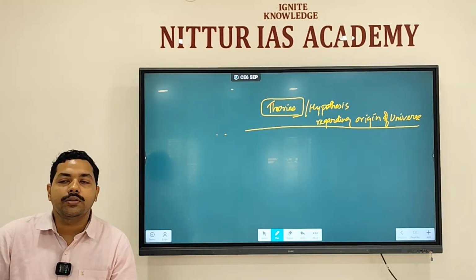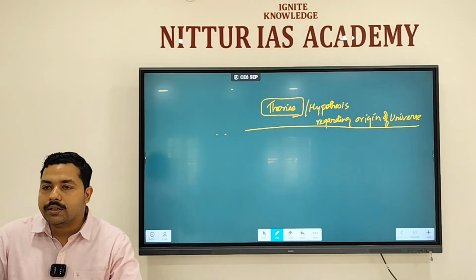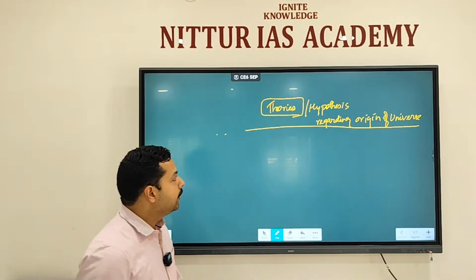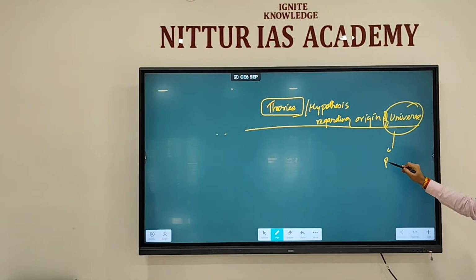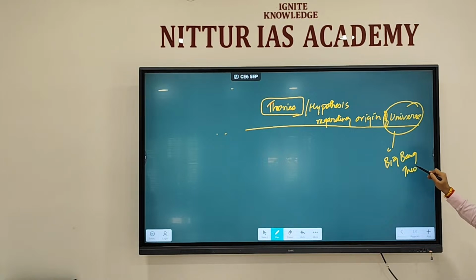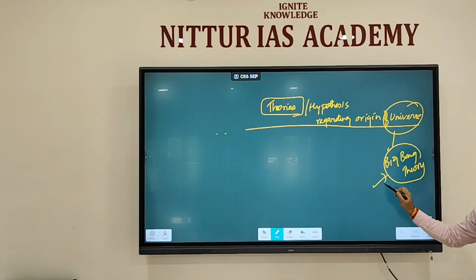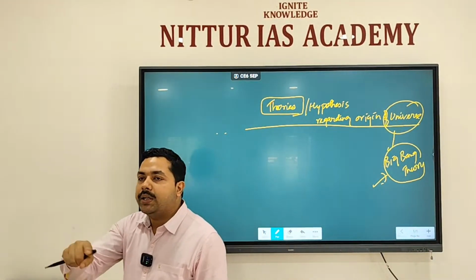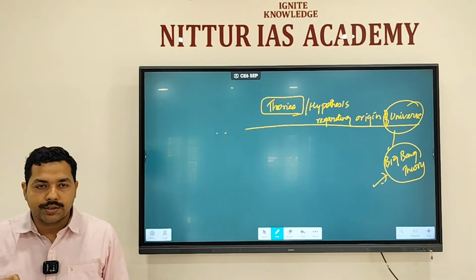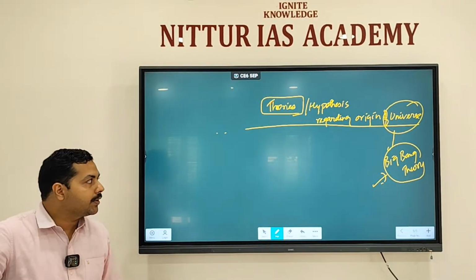When I'm saying theory, it means there's certain proof of that. So when we say that for the universe, currently the most accepted theory is the Big Bang theory. When we say theory, it means certain evidence is there which says that this theory is explaining the formation of the universe. Clear? Any doubt regarding this particular part?